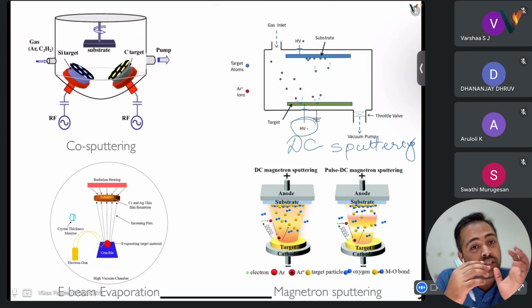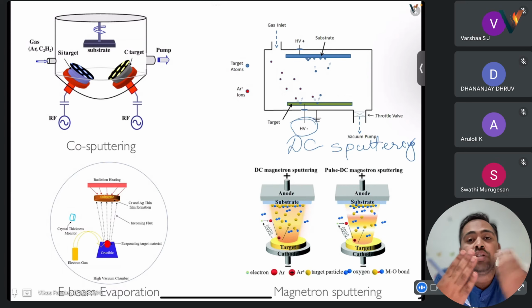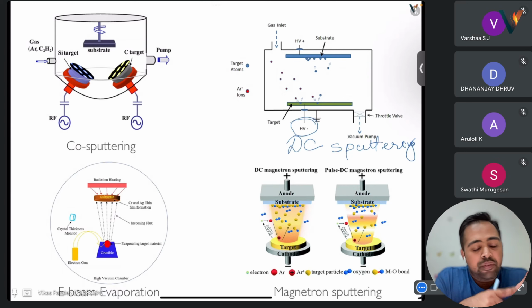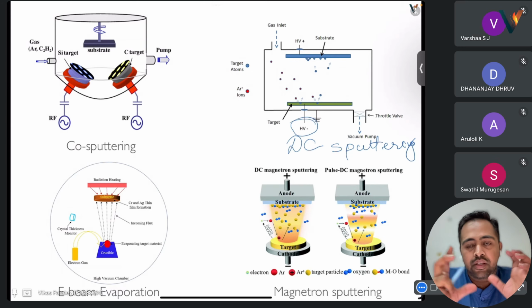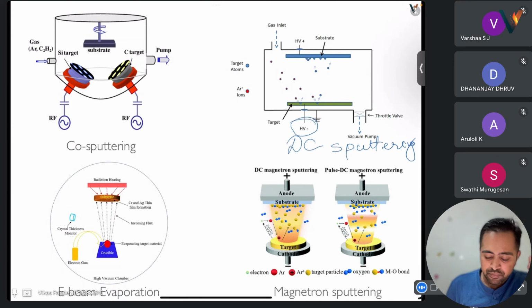The target is the one which contains our material, and the substrate or sample is the one on which there will be deposition. So negative to the target and positive to the substrate, where a field is connected using negative and positive voltage.